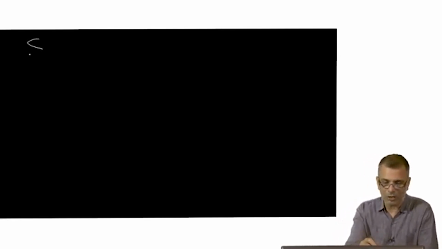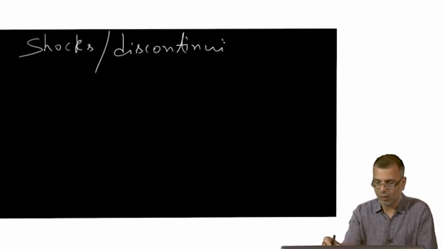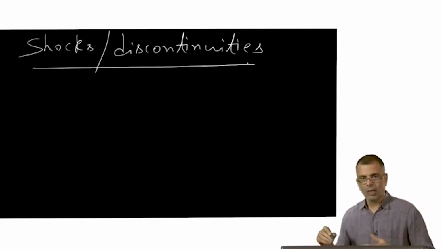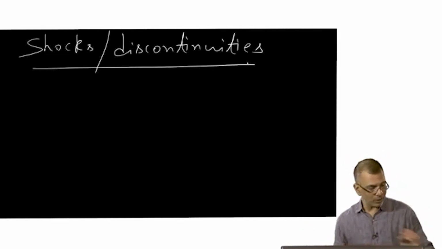The other reason, of course, is shocks. As we've said, shocks and discontinuities are very important in astrophysics. So the question is, what kind of shock are we talking about? Are we talking about, for instance, a sonic shock?